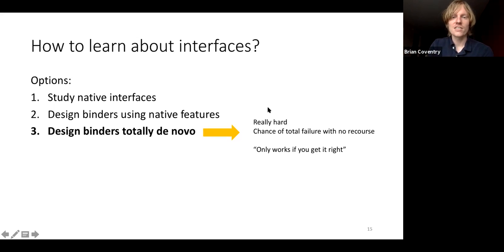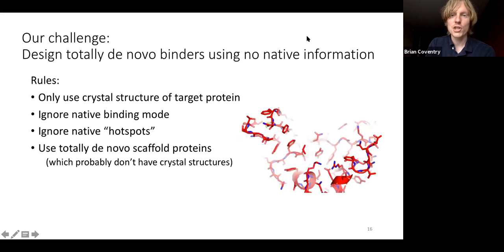And so that leads us to the arbitrary challenge that we selected for my PhD, which is to design totally de novo binders using no native information. The inputs, again arbitrarily chosen by us, are: you take a crystal structure from the PDB, you delete everything that interacts with it, you forget that exists, and you just try to make a binder to whatever you have on your screen.